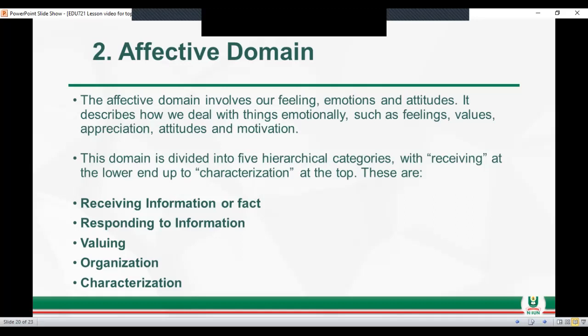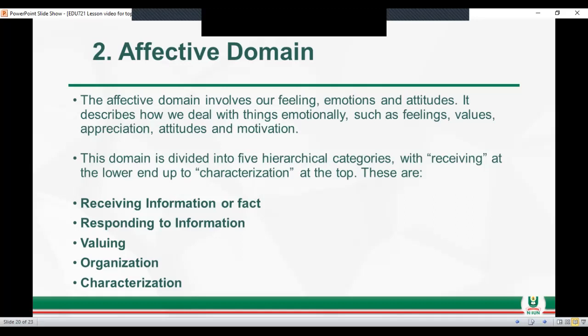At the first one, you are just receiving the information, and here you are becoming more responsive, receiving the information and responding to it. Then valuing. This is the value a person attaches to a behavior. Value is based on the internalization of a set of values. You are internalizing the values contained in that information. Then organization.